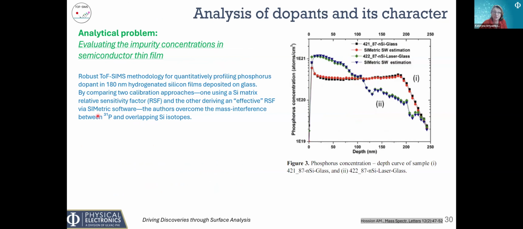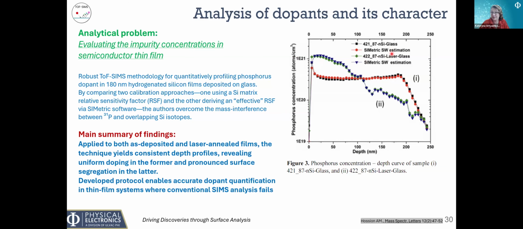The challenge is that phosphorus overlaps with silicon isotopes. So the authors created two different calibration approaches to derive accurate quantification. One is using silicon matrix RSF, and the second is using effective RSF using simulation, a software called SIMetrics.